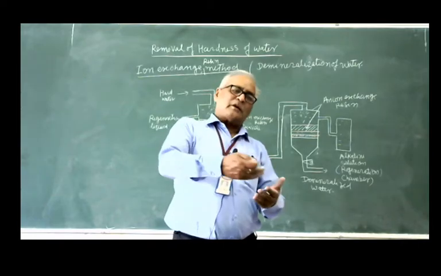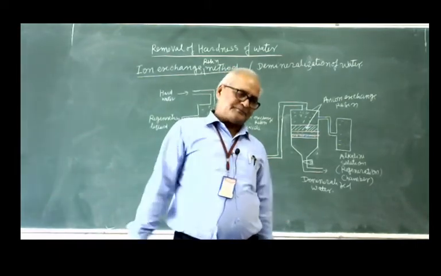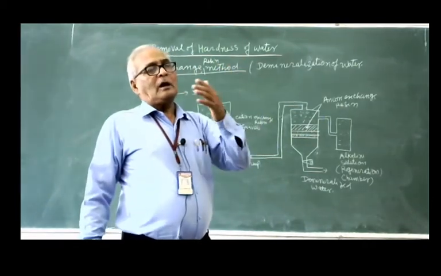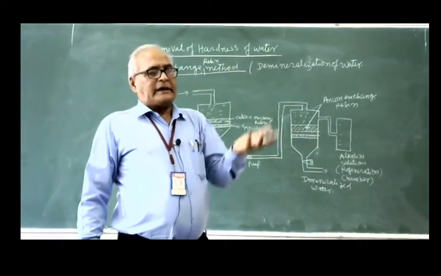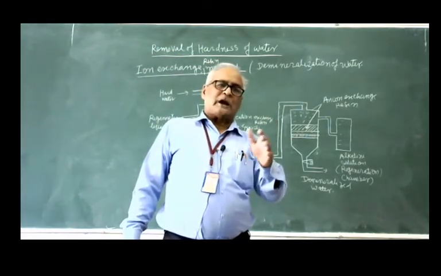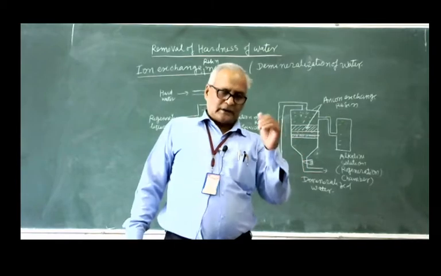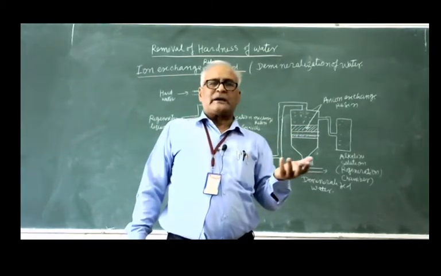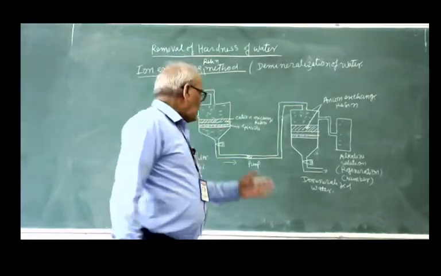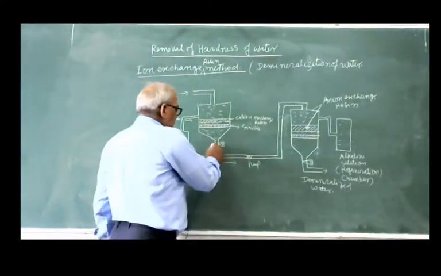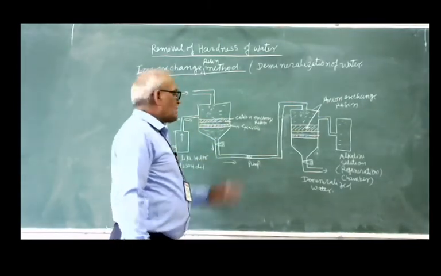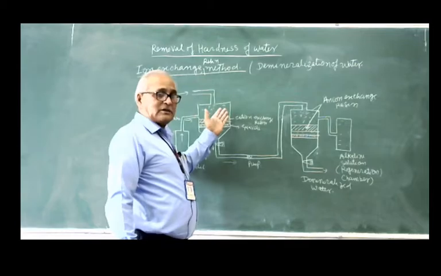Calcium ion, magnesium ion attach to the resin. In this way, the resin removes the calcium ion and magnesium ion present in the water. And we know that calcium and magnesium ions are hardness creating. So now, this water is soft in comparison to calcium and magnesium ion.